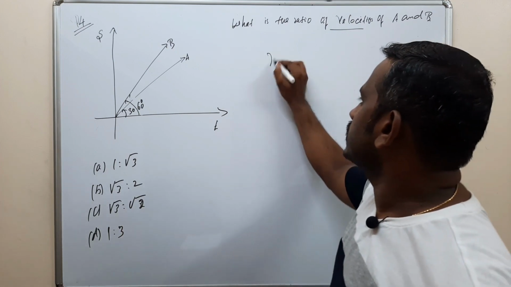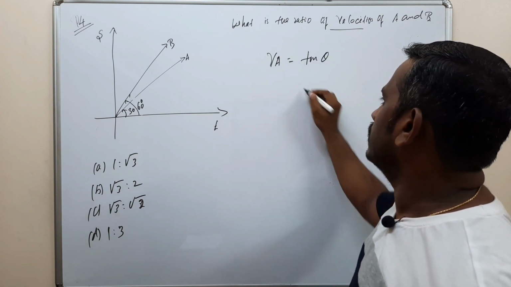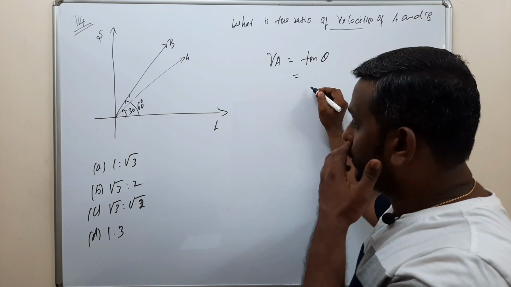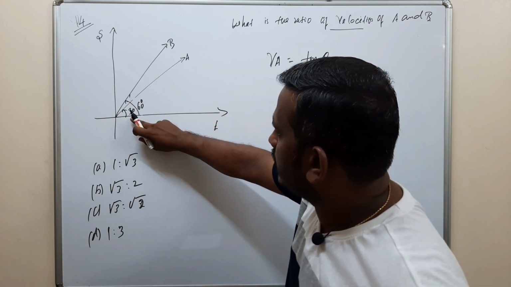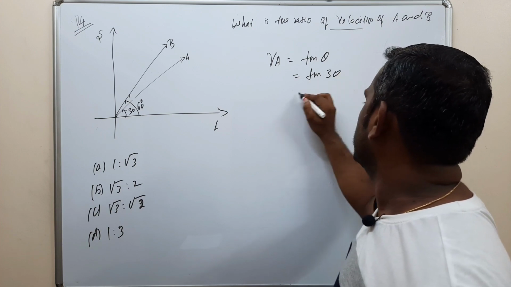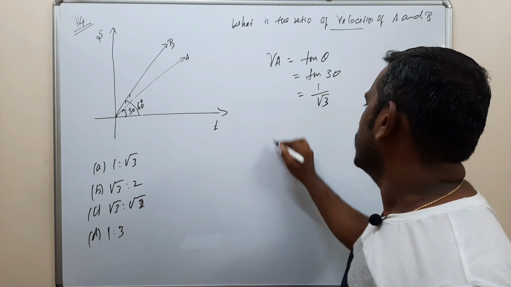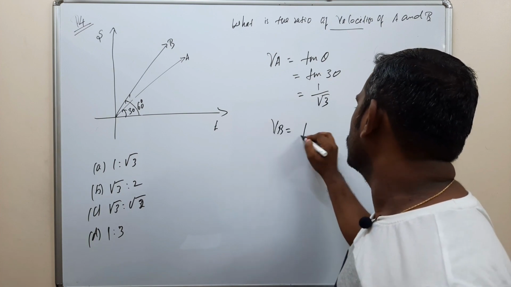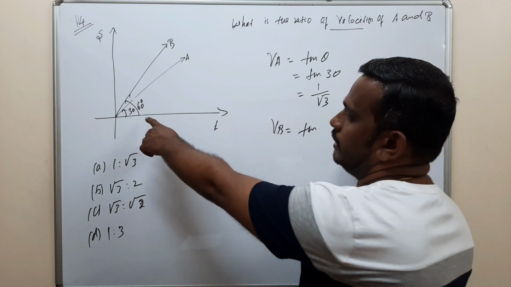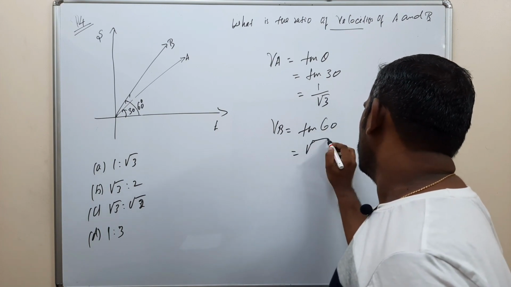Velocity of A is equal to tan theta, where theta is the angle of inclination, 30 degrees. So tan 30 is 1 by root 3. VB is equal to tan 60, which is root 3.